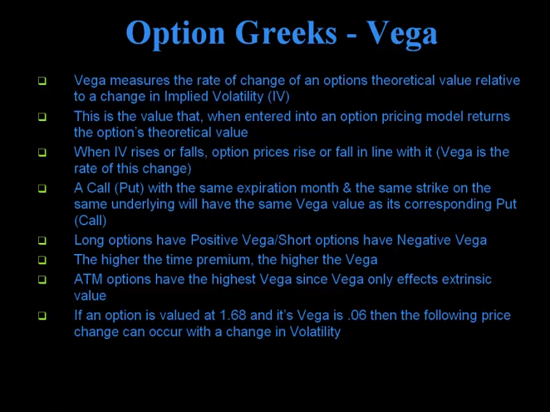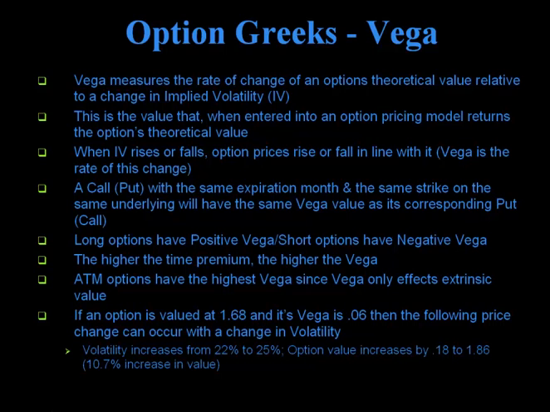So an option is priced at 1.68 and it has a vega of 0.06. Then the following price change can occur with a change in volatility. If volatility of that underlying goes from 22% to 25%, then the option value is going to increase by 0.06 per 1% change.